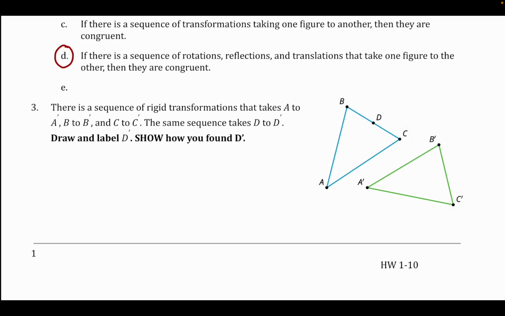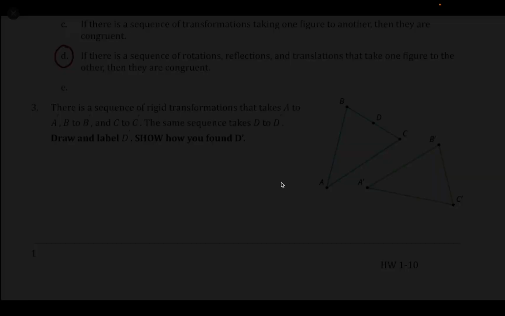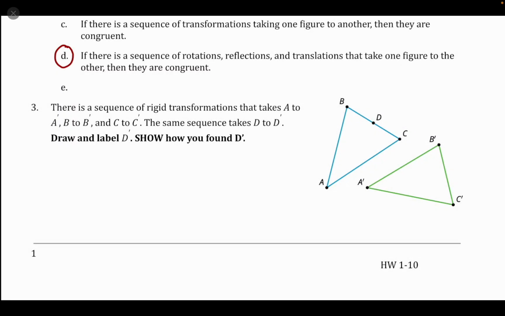So D prime is going to be in the same, whoops, sorry about that. There's going to be a sequence that takes D to D prime, and if D has this relationship here between B and C, we know that D prime is also going to have that same relative position.